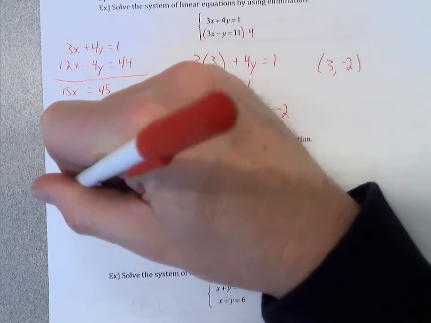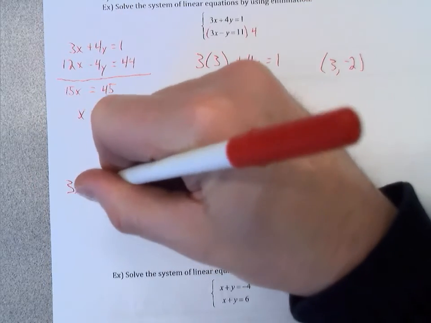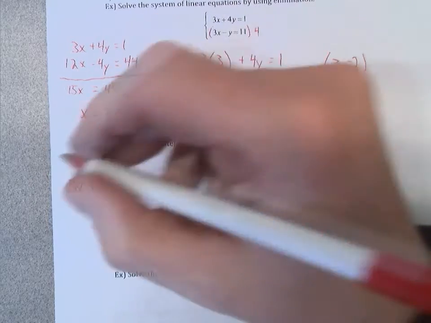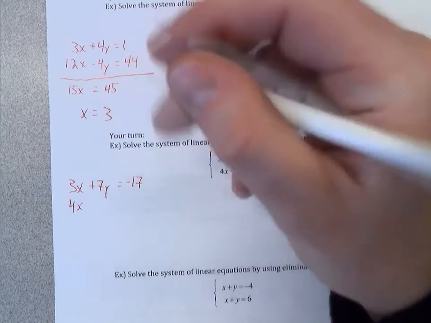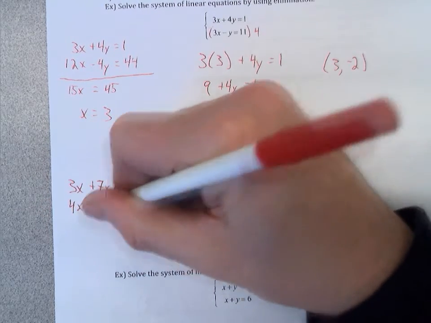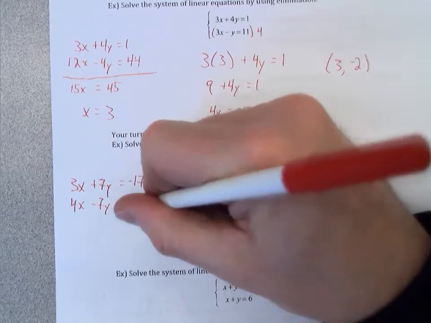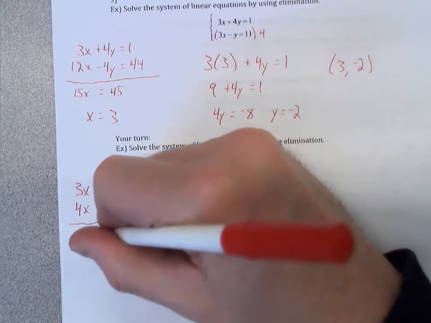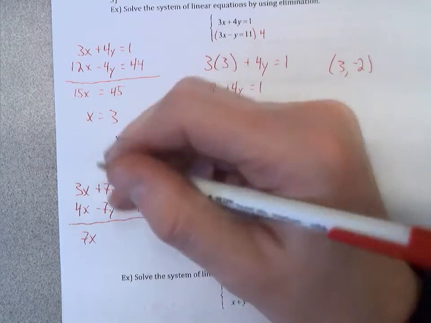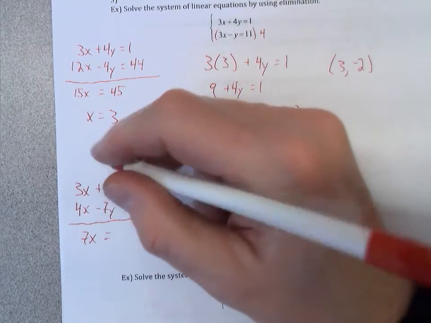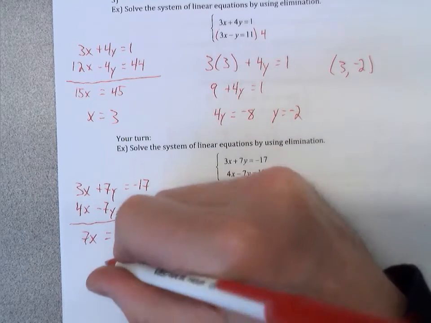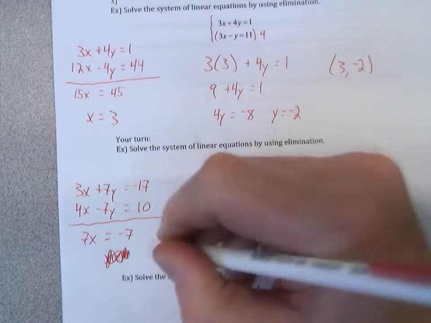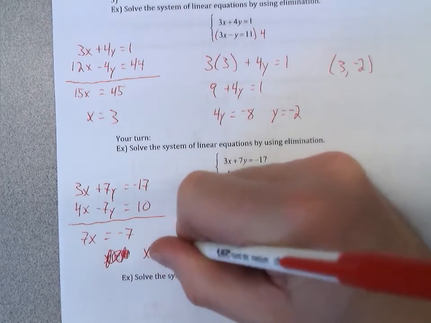So let's do 3x plus 7y is equal to negative 17, 4x minus 7y is equal to 10. And we will get 7x is equal to negative 7. Therefore, x is equal to negative 1.